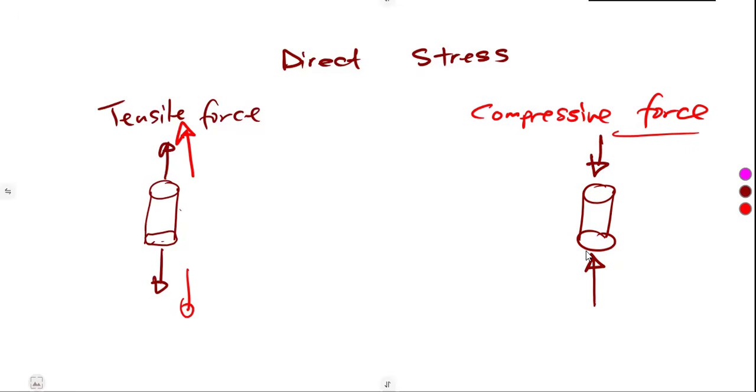Compressive comes from the word compress. So at the end, this body will be smaller because it has been compressed. Where the tensile force was, the body will become bigger at the end of the day.